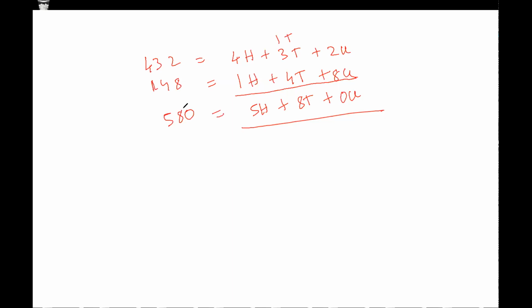So now let's take this problem slightly differently. Let's say instead of 432, we have 648. If we have 648, then we have 600s, 4 tens and 8 ones.